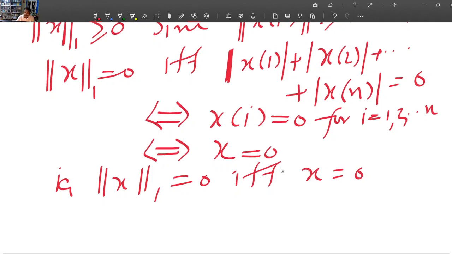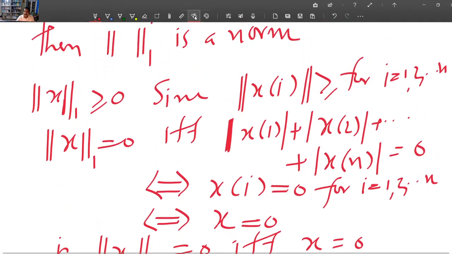And you can now check the triangle inequality, for which you take a new page.